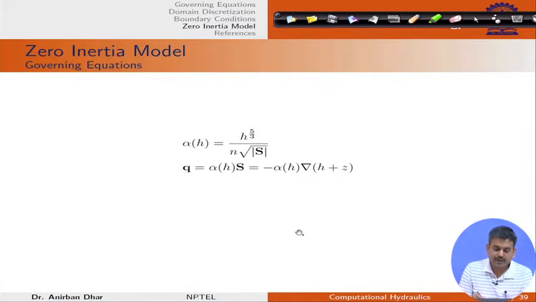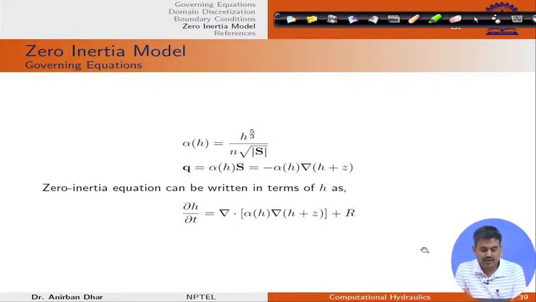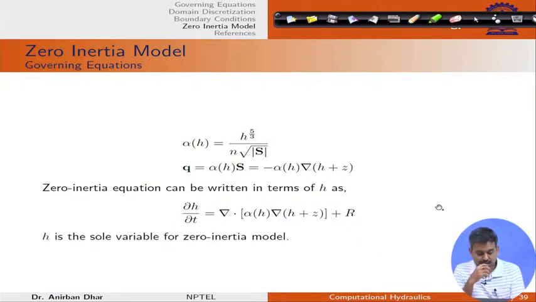If I simplify with the consideration that alpha h is a function of h only, the zero inertia equation can be further simplified like this. I can transfer this h term to the right hand side. Obviously, this has only one variable for the zero inertia model.